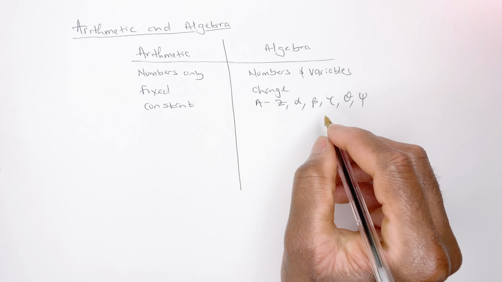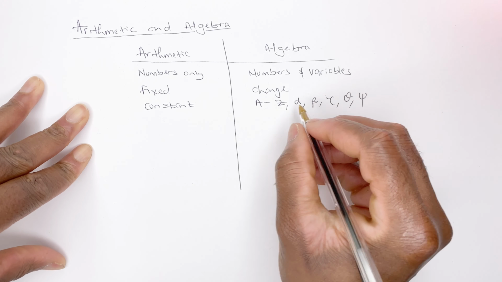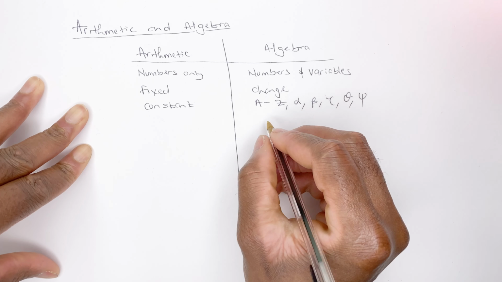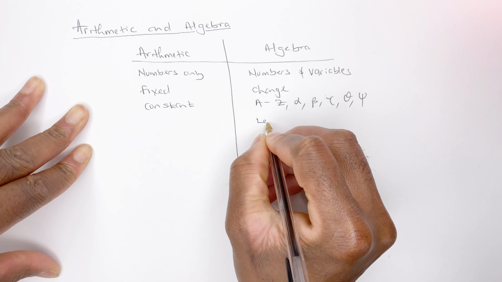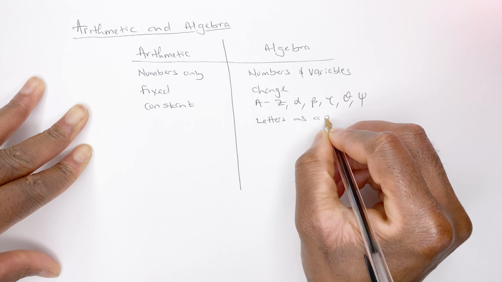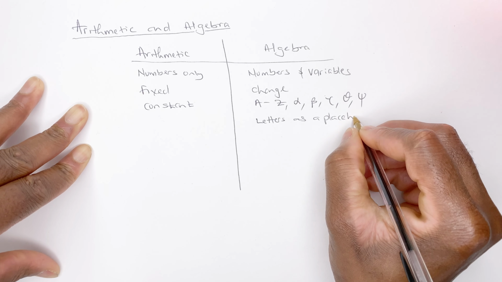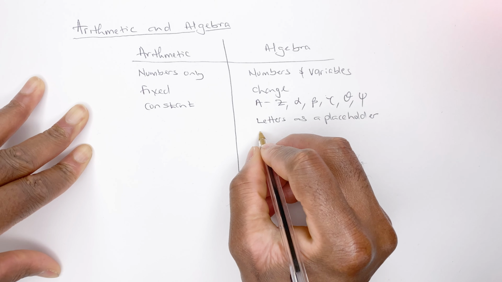And so when we write in algebra, we tend to use letters as a placeholder for numbers.